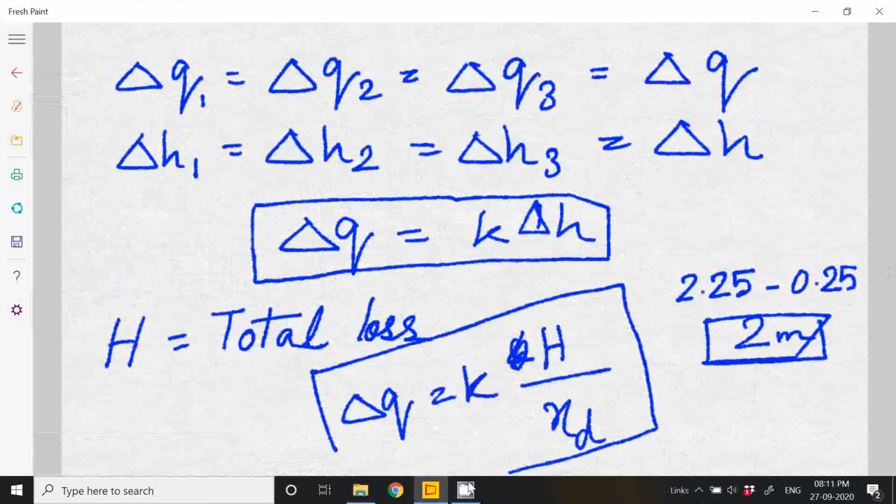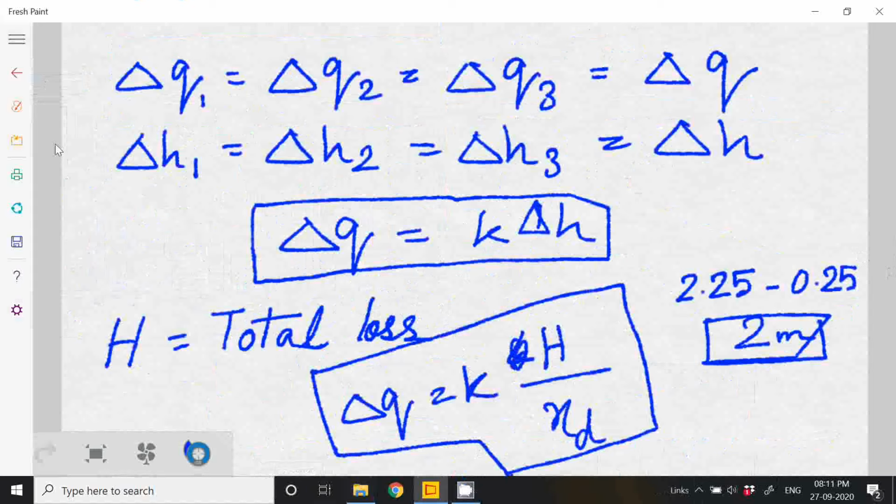Delta Q is equal to K into H by ND. ND is the number of potential drops. It depends on the number of equipotential lines that you are drawing. Depending on the number of equipotential lines in your flow net, you can calculate the number of drops.